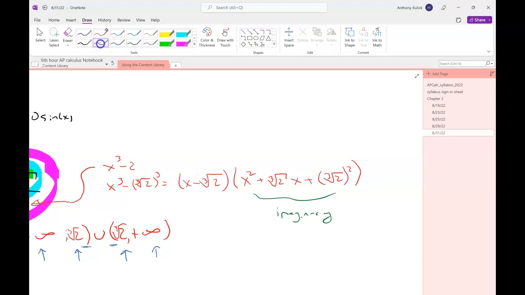So, I don't want to be that guy, but how are we able to know that without having to write that all out? How do we know that those answers are imaginary? Great. So this is the difference of 2 cubes factoring pattern that we would have learned in Algebra 2. The thing that's nice about the difference of 2 cubes factoring pattern is that the quadratic piece always has imaginary solutions.